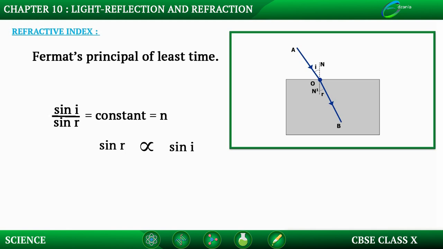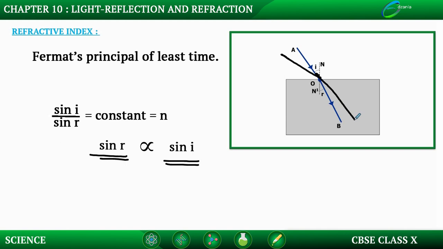What I am trying to say is, if you increase the angle of incidence, the angle of refraction also changes. In this case, if you are increasing the angle of incidence, because the refractive index is constant, we will find a larger angle of refraction. So sin i upon sin r will always be a constant.